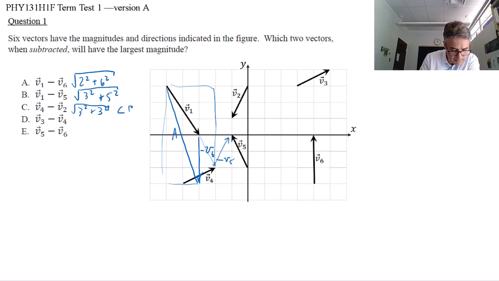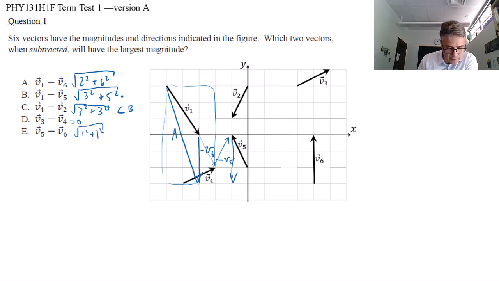And then D would be V3 minus V4. Those are in the same direction, I think, and the same magnitude. So this is just going to be 0. That's clearly the smallest. And then 5 minus 6, the minus 6 will go down to here. And so that'll just be the square root of 1 squared plus 1 squared. That's also small.